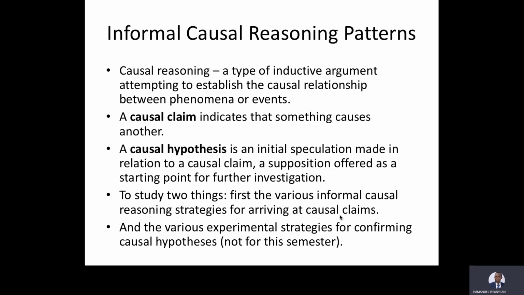There are some basic processes in our brains that take place in order to give us an idea of what caused what. And it is those basic processes that we call informal causal reasoning patterns. Right now, we're going to take a look at a number of them.